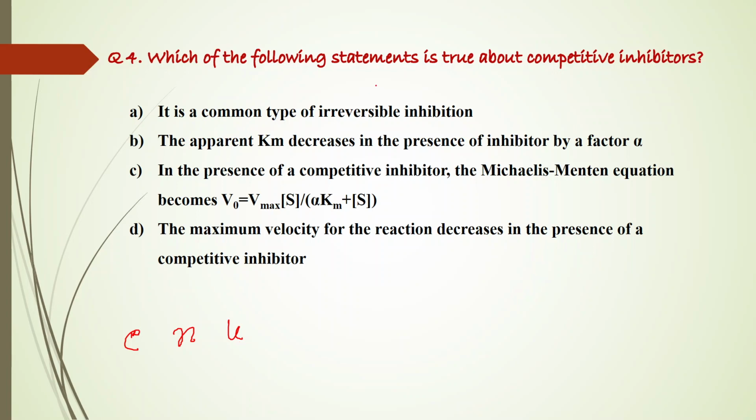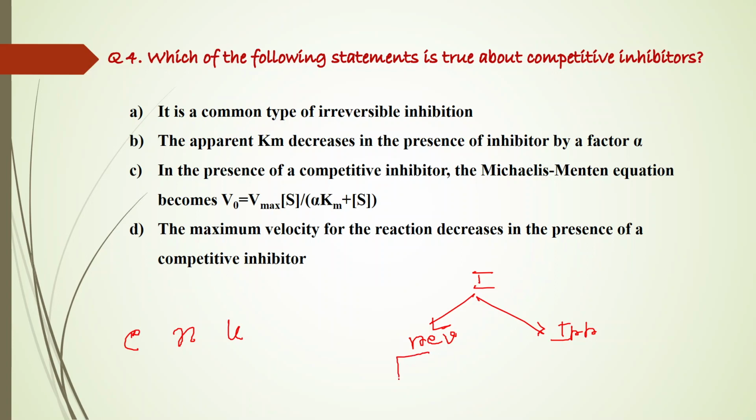These were the three types of inhibition that we discussed in detail in the last session as well. So first of all, the first statement is saying that competitive inhibition is an irreversible inhibition. Now again, I said this last time as well, that during the classification of inhibition, we can divide it into reversible and irreversible inhibition.